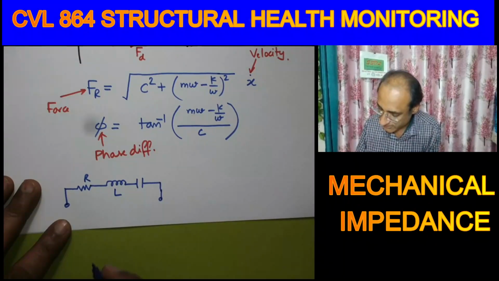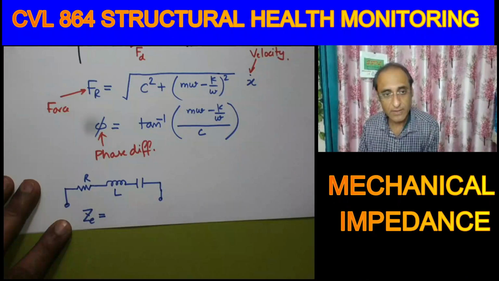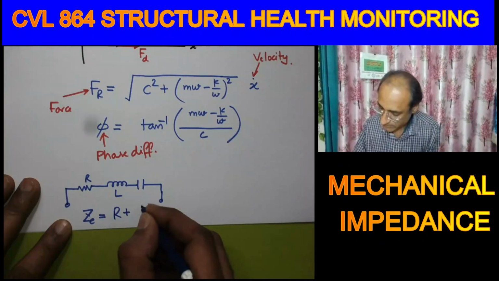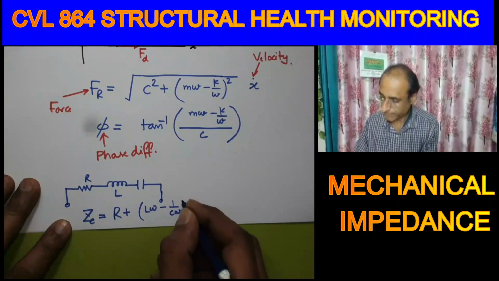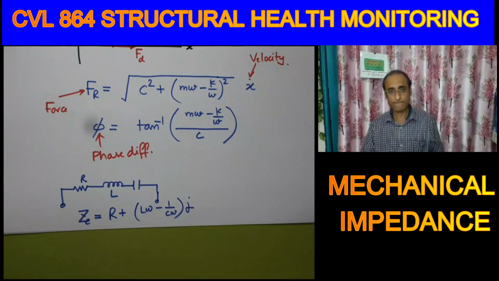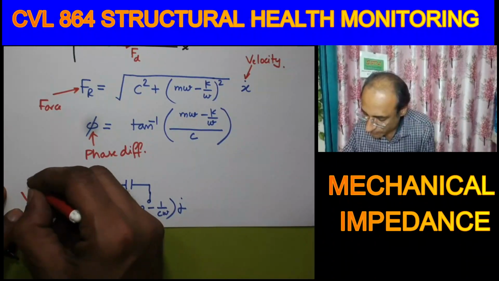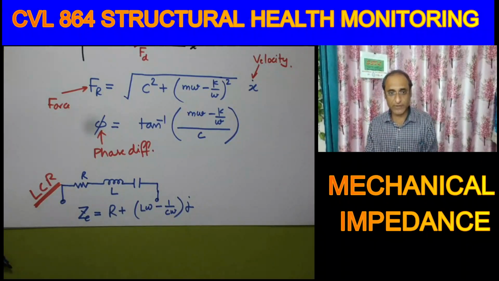We say Z electrical is equal to R plus (L omega minus 1 by C omega) J. Right? So this concept of mechanical impedance, which we have introduced, is very similar to this concept of the LCR circuits.